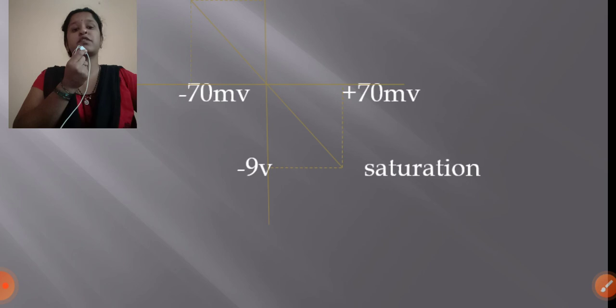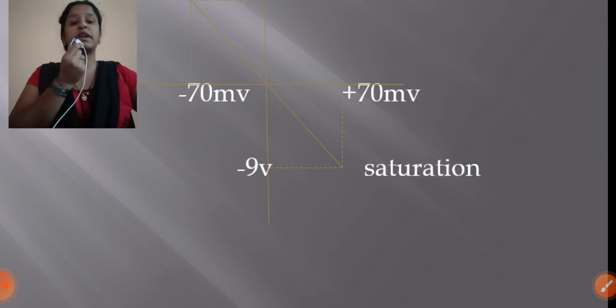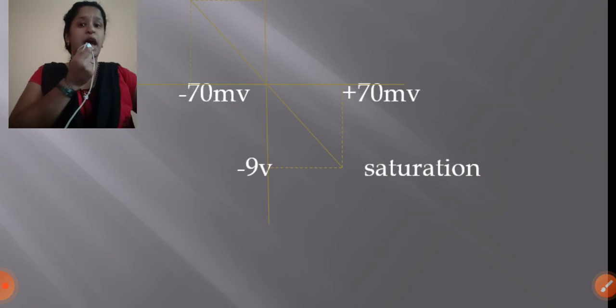The range is plus 70 and minus 70 millivolt, and 9 volt is the power supply value in the saturation regions. And the open loop configuration, we can see that one.